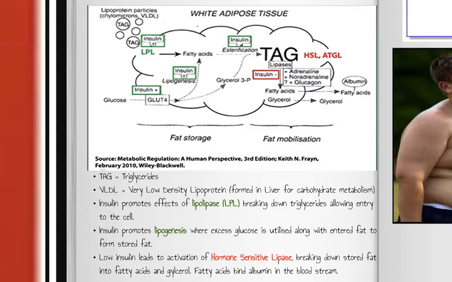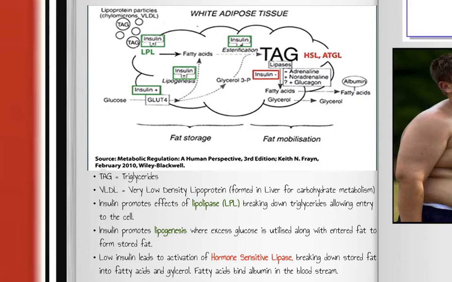High levels of insulin also promote lipogenesis, where excess glucose is utilised along with the entered fat, and then this is esterified to form a stored fat in the cell.